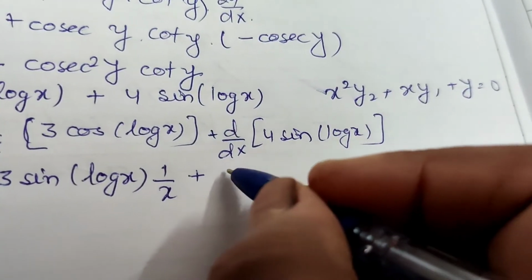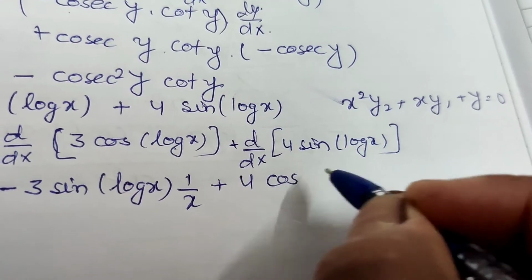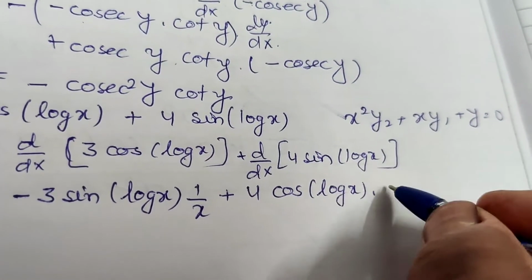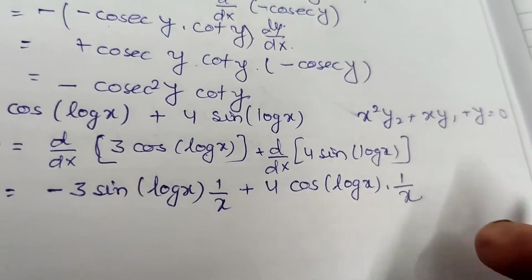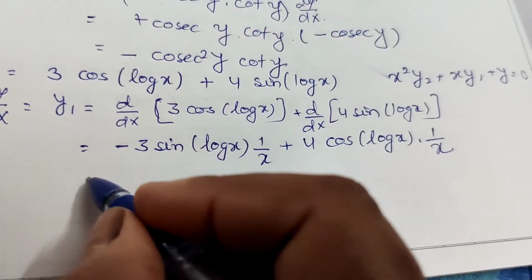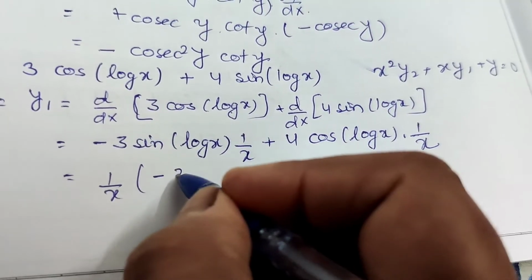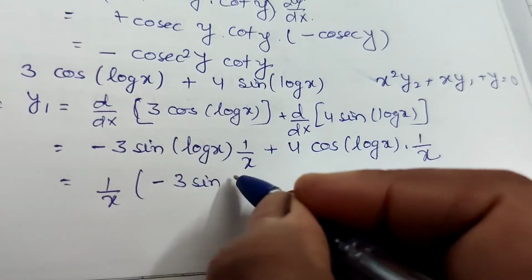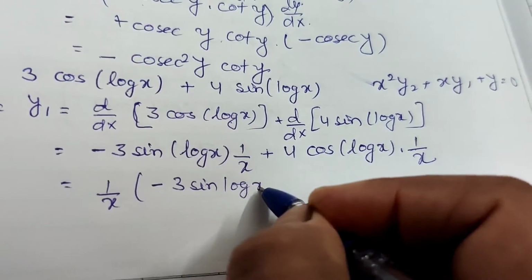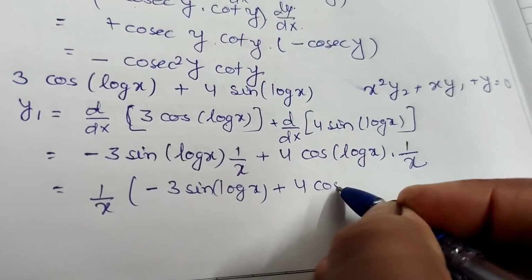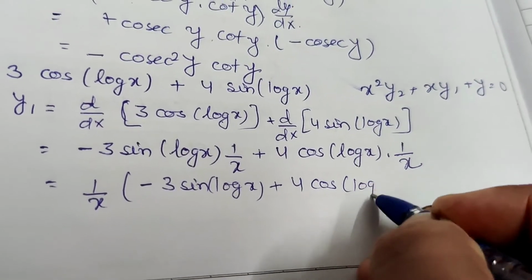And the same, 4 cos log x, and differentiation of log x is 1 upon x. So we can take 1 by x common. It is equal to minus 3 sin log x plus 4 cos log x.